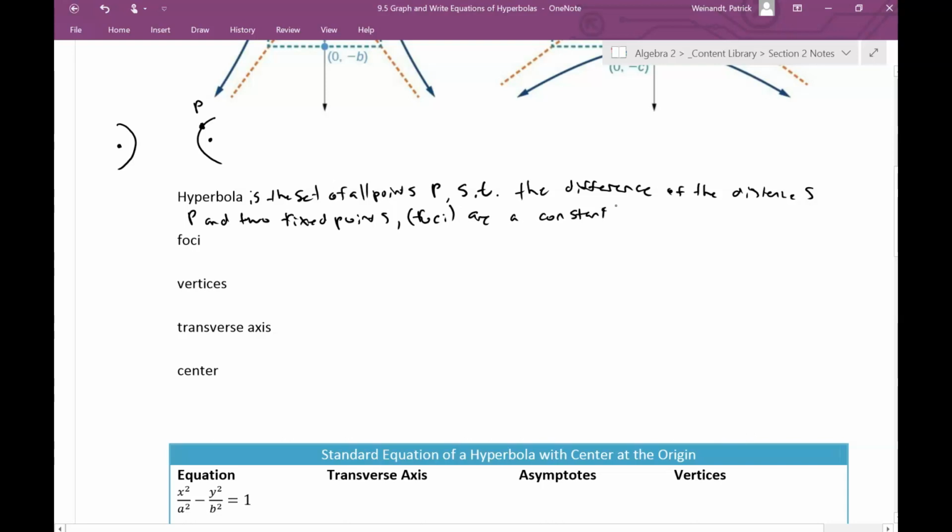I guess I should say the difference of the distances is a constant.